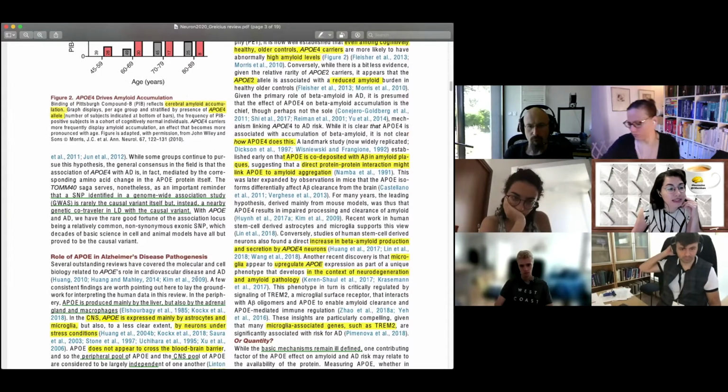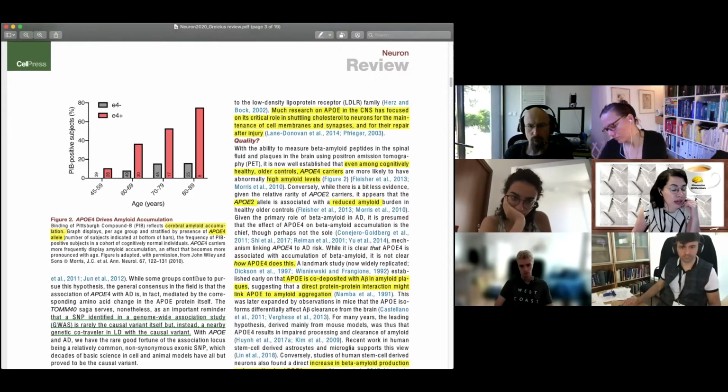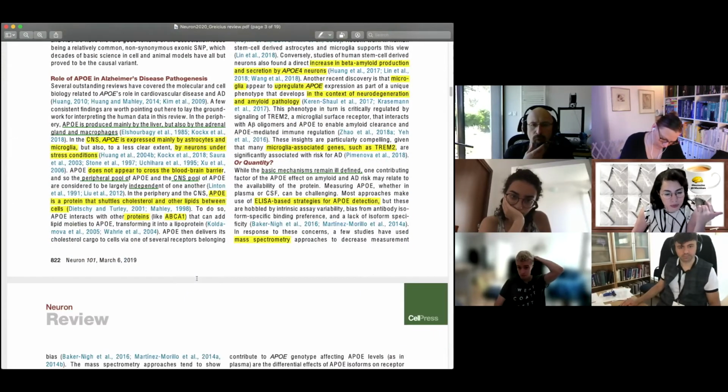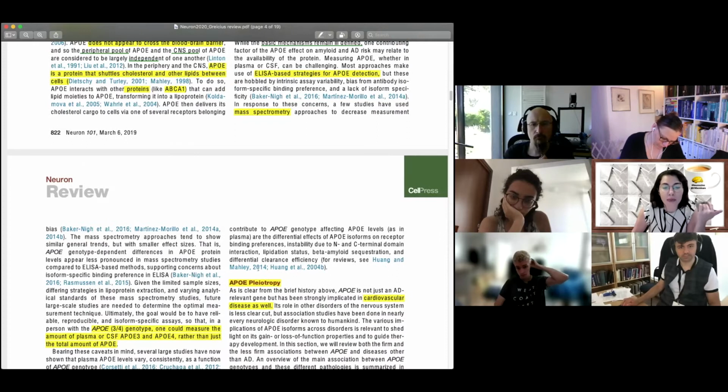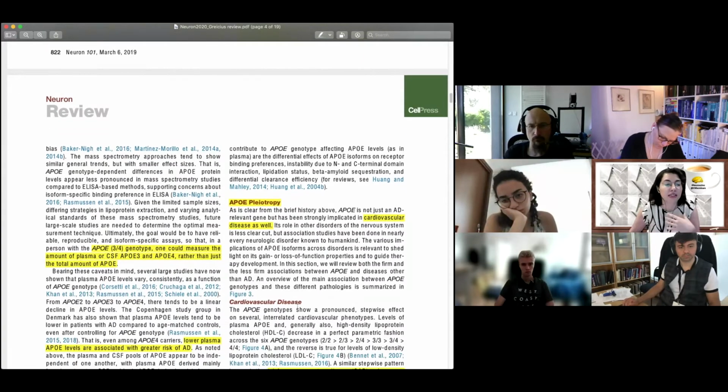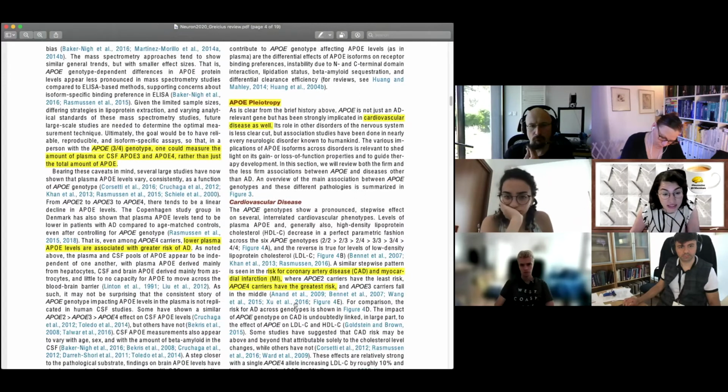But the APOE4 is not just correlated with Alzheimer's disease, it's called pleiotropy. So it can be correlated to different diseases, such as cardiovascular disease.